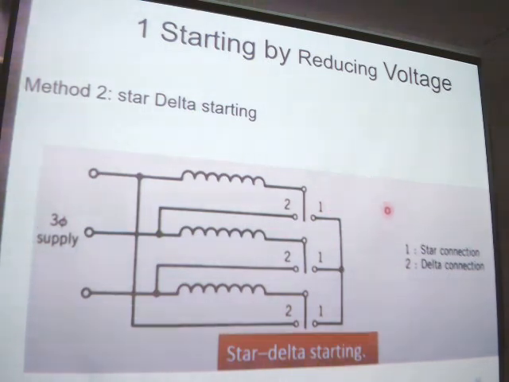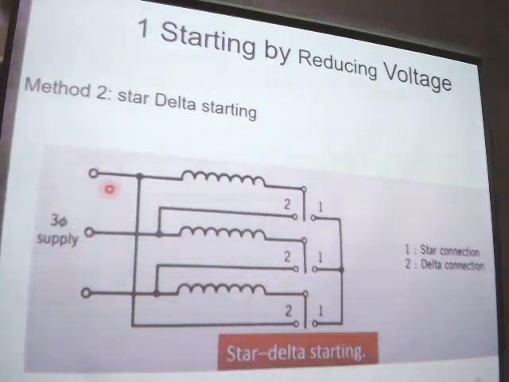But after starting the motor, we just connect the switch to 2. With the switch to 2, we see that it's a direct connection, from A to B and to C, and also back to F. The voltage between two terminals is the same as the line voltage.